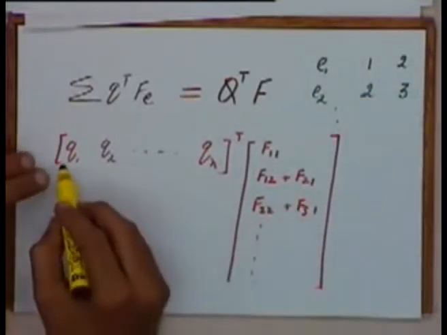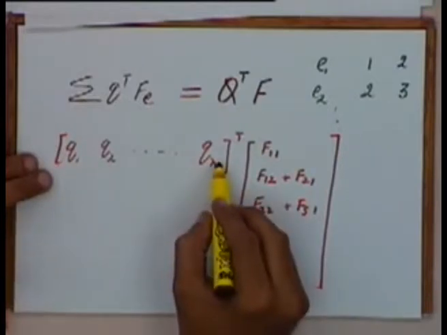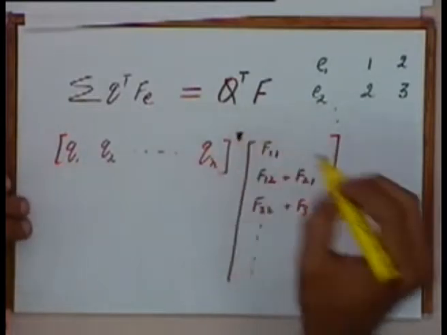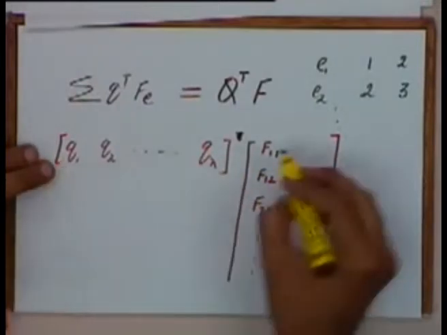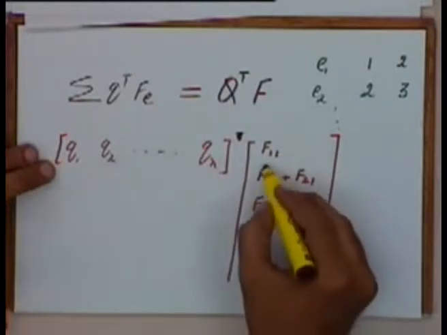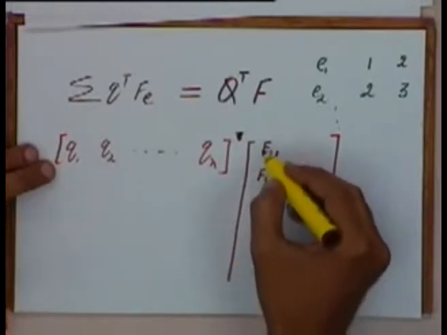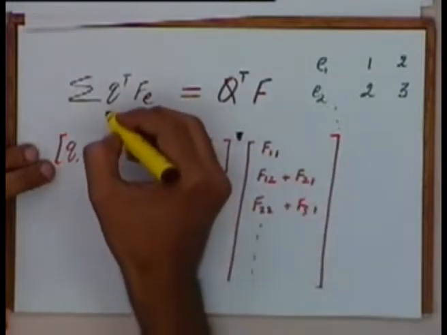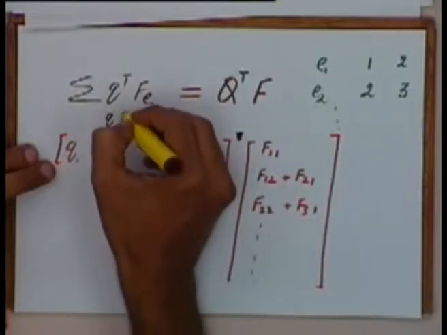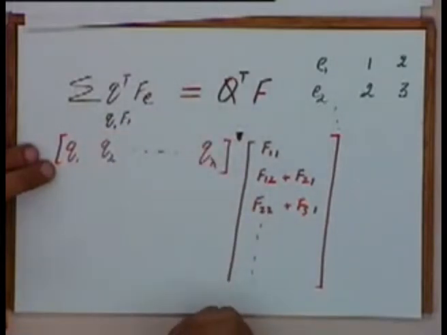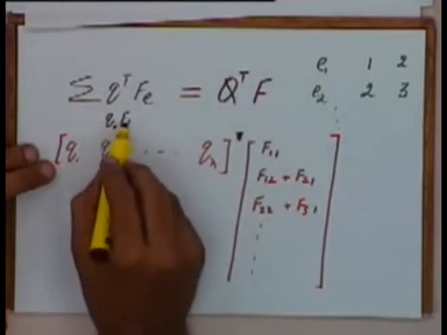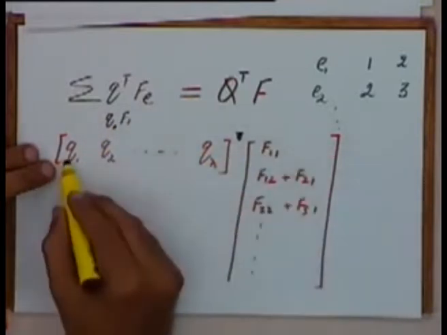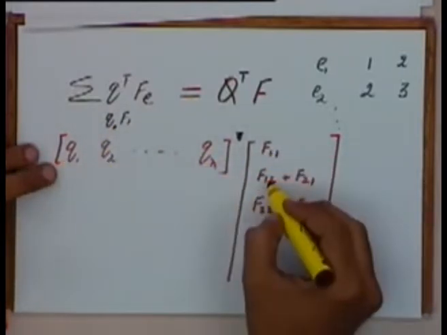Okay, so if I take this row and multiply it by this column, Q1 is multiplied by F11, Q2 is multiplied by F12, and these two terms are what I will get if I take the matrix Q1 and F1. Okay, that means the Q matrix for the first element and F matrix for the first element. If I take these two and multiply them, I will get Q1 F11 plus Q2 F12.